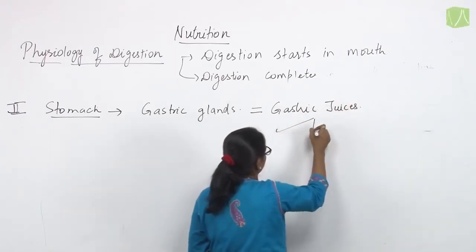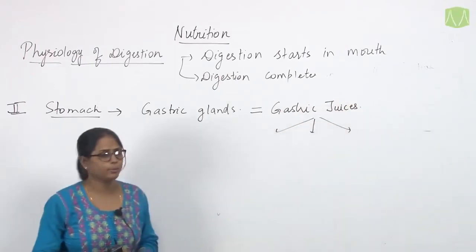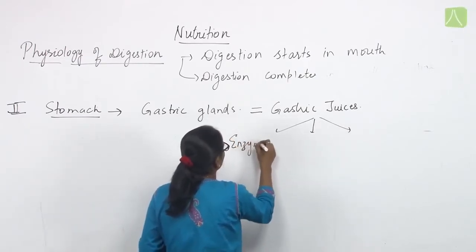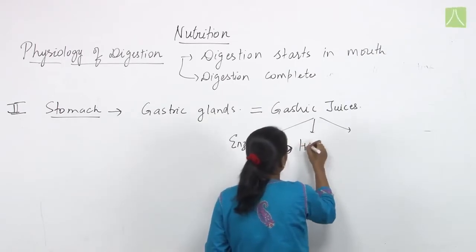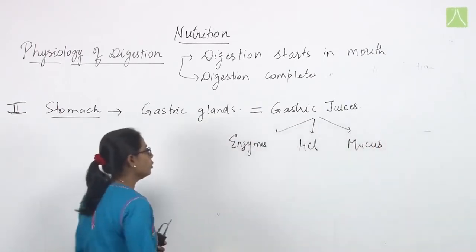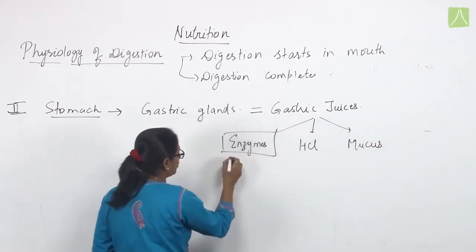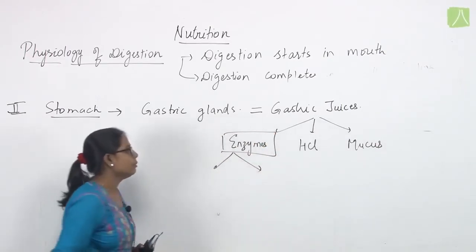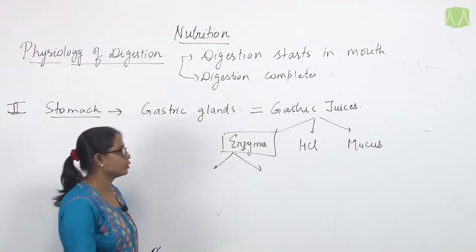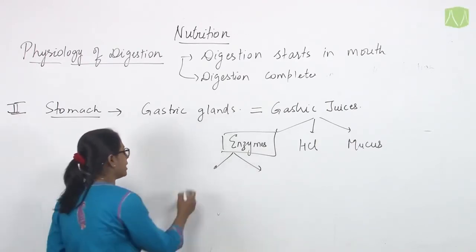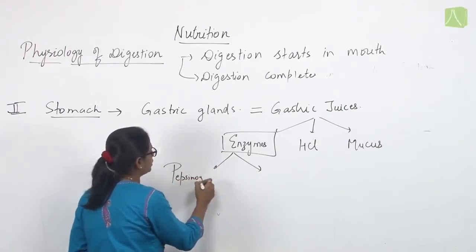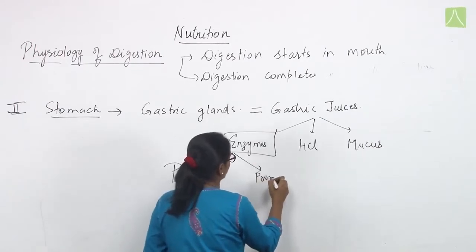These gastric juices include various components: enzymes, HCl and mucus. The enzymes are very important. We have two important protein digesting enzymes in the gastric juice secreted in the stomach, pepsinogen and prorenin.